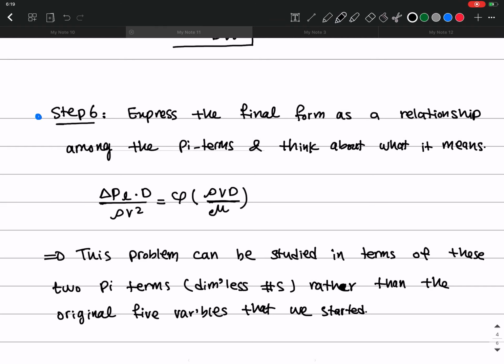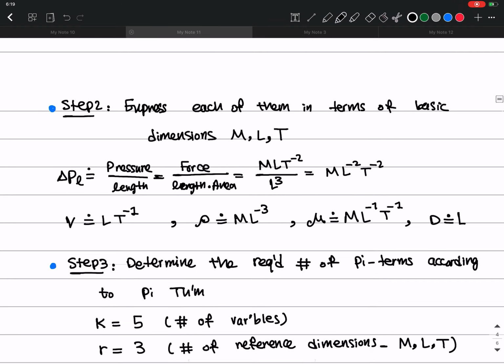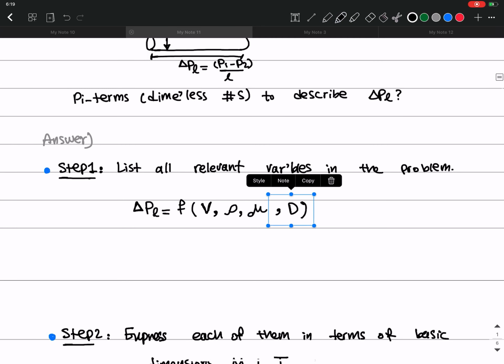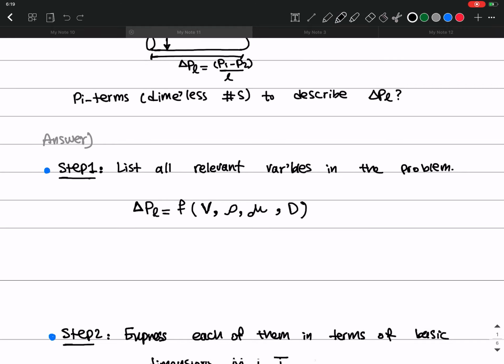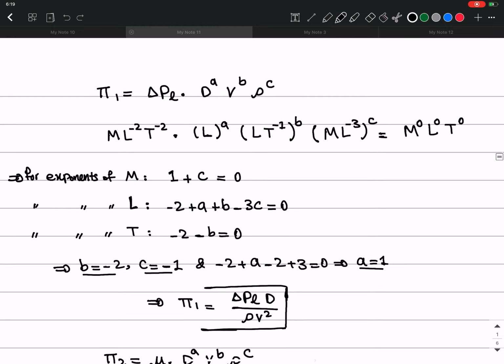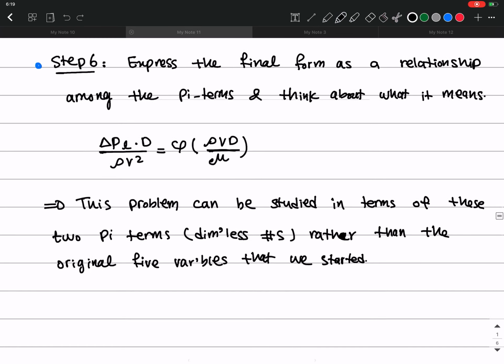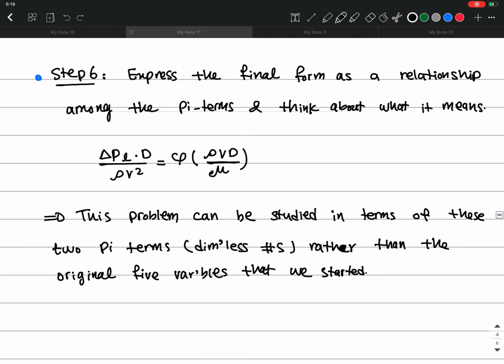So instead of this function, right? Instead of relating this delta P to all these variables, measuring all of them, what we can do is just calculate these two dimensionless numbers and then study this problem. And this is going to give me the function for delta PL.